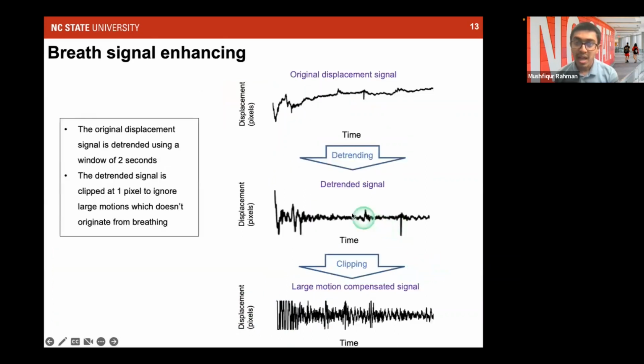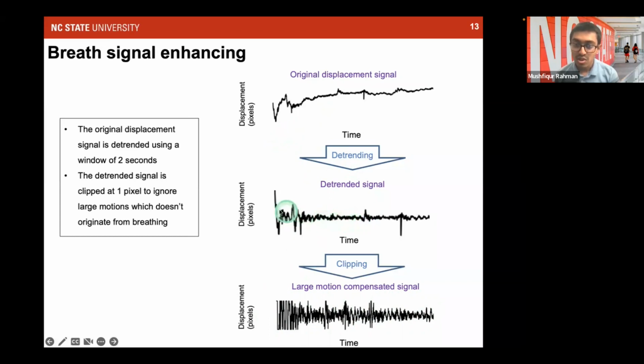In this slide we will see how we can process the original displacement signal to extract a more visible dog's breathing signal. First we do a detrending using a window of 2 seconds. Then we can see the plot becomes more visible, and here we can see a periodic motion that is more relevant to the dog's breathing.